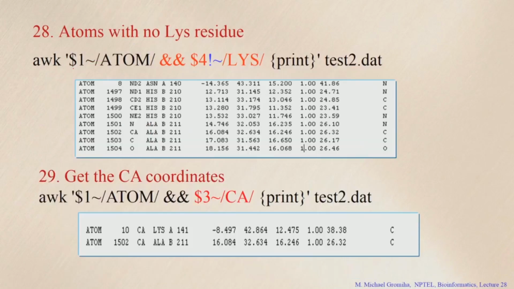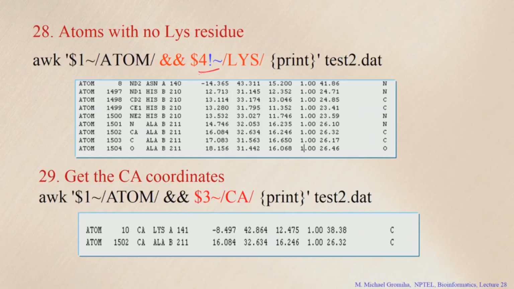Now the next question is, I need to find the atoms with no lysine residues. For example, if you want to see the disulfide bonds, whether any protein contains cysteine or not, we see the records, in this case if you have no lysine residue.